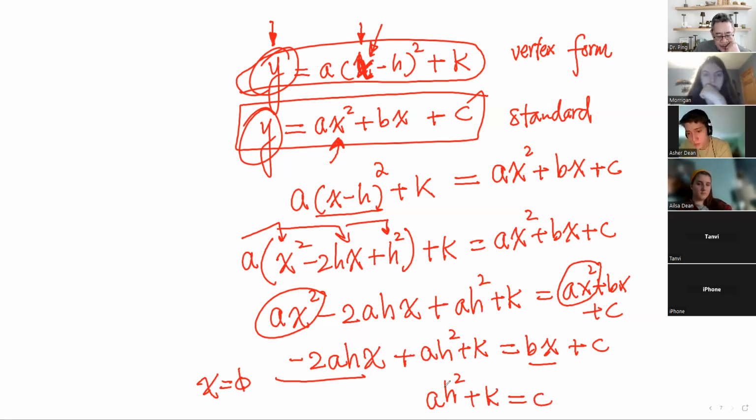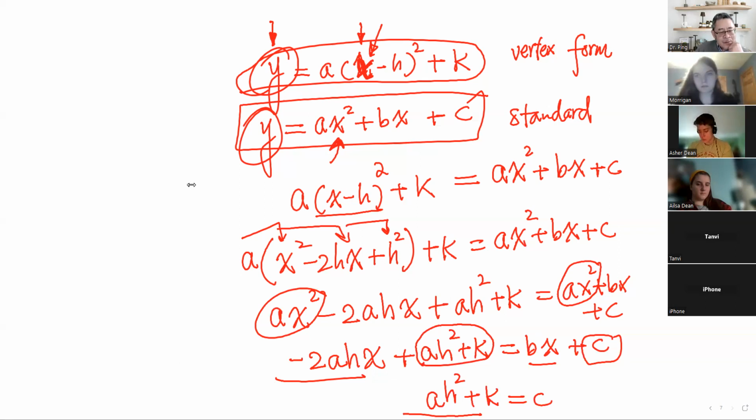And now, because this part is equal to this part, that means negative 2ahx has to equal bx.